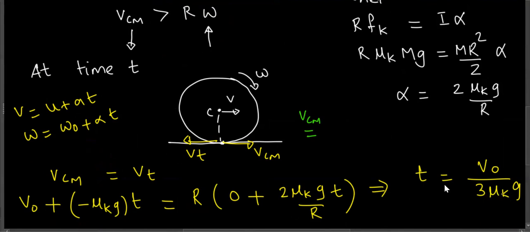So what is mu kgt? It is V naught by 3. So it will be V naught minus V naught by 3. I will end up having 2 V naught by 3. Are you okay here? Okay, so this is one typical format of questions which are used to test the understanding of rolling motion.